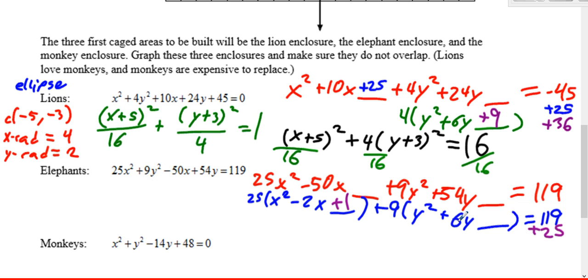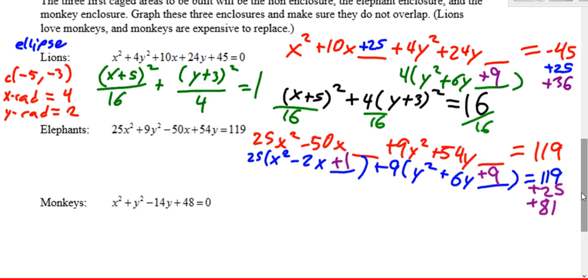Half of 6 is 3. 3 squared is 9, so we're adding 9. 9 inside, 9 outside. 9 times 9, we're really adding 81. So if you add up all of those, 119 plus 25 plus 81, that equals 225.